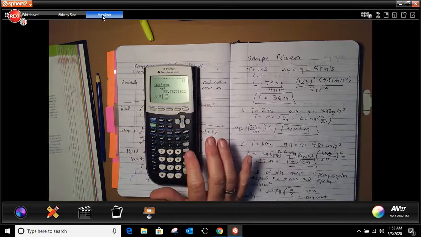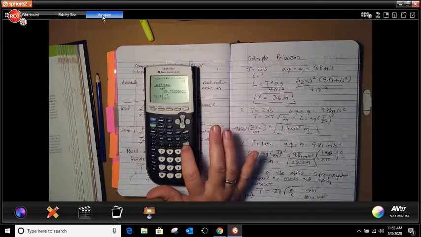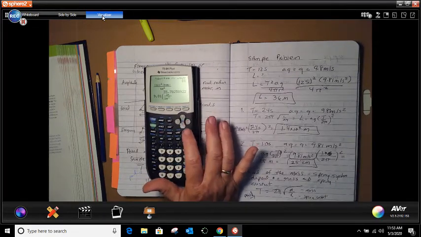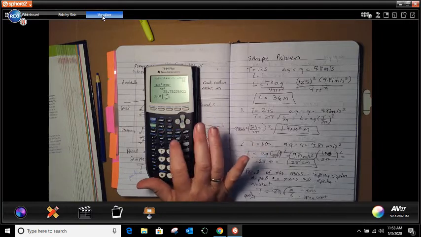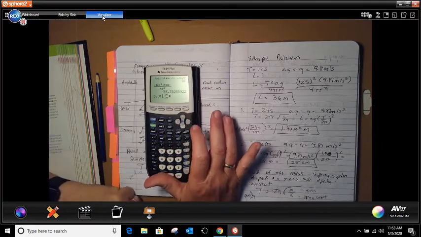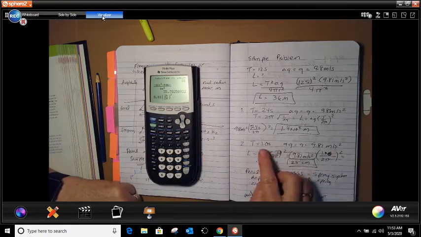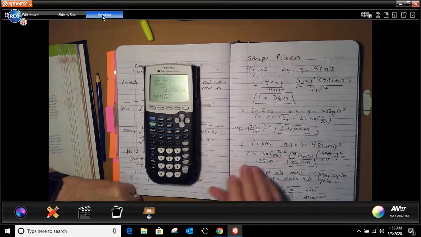and then I'm going to close this, and then I'm going to square it because it tells me to square it at the end.